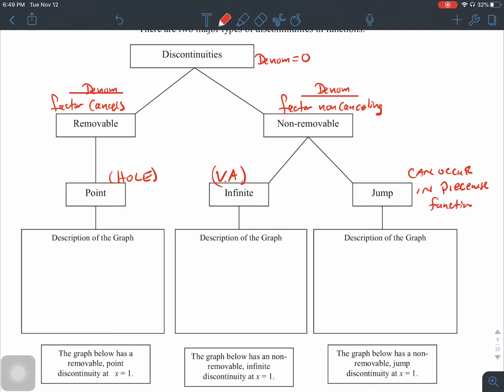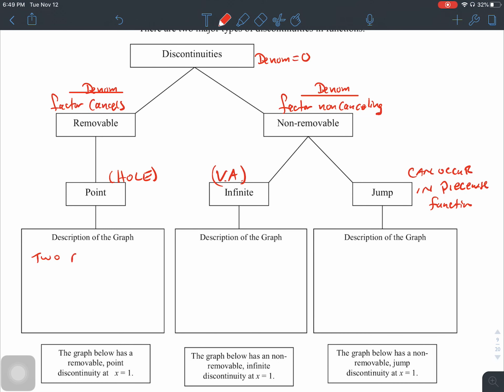Two pieces that connect at an open circle because each piece approaches the same y value.